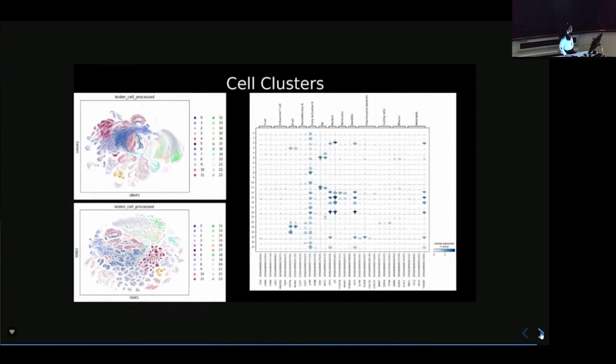Then cell clusters. We looked at the cell network, and we found, with the Leiden algorithm, 23 clusters. On the left, we have a plot based on the UMAP projection and the t-SNE projection, and we are overlaying with colors the 23 clusters that we found. Then we wanted to validate these clusters, trying to identify the group of cells, if there were any relevant cells.